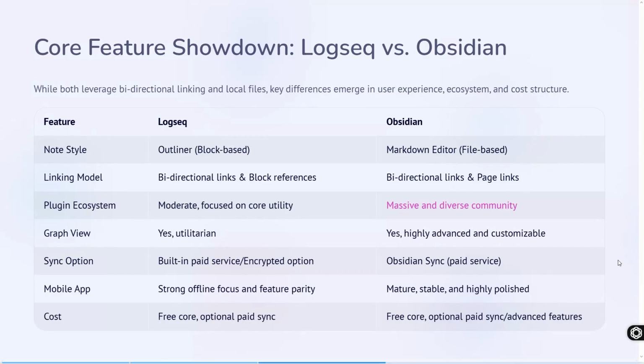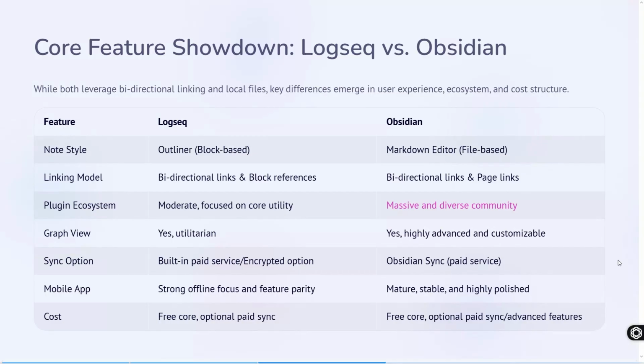Now for the plugin ecosystem, Logseq has a moderate one. It is focused on the core utility, but Obsidian has a massive plugin ecosystem and diverse community, and you will actually need it more than you think. For the graph view, Logseq has it, and it is utilitarian, and it is also in Obsidian, and is highly advanced and customizable.